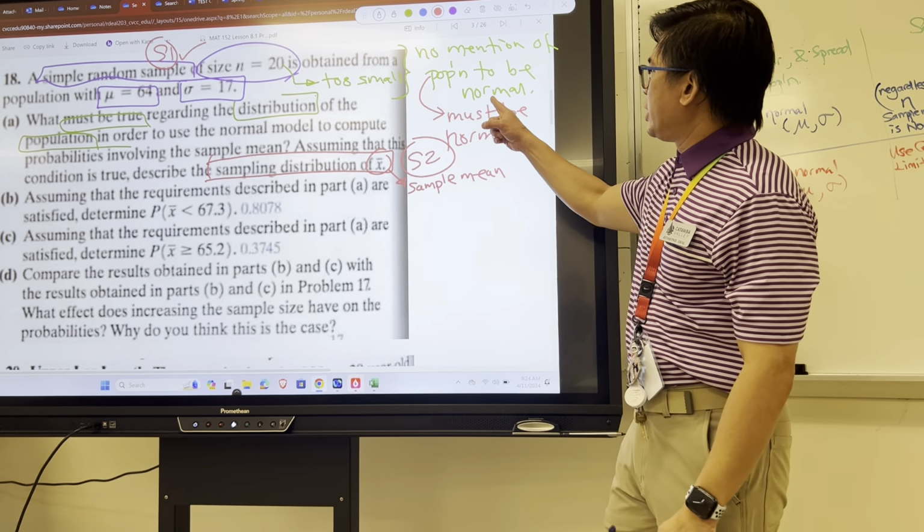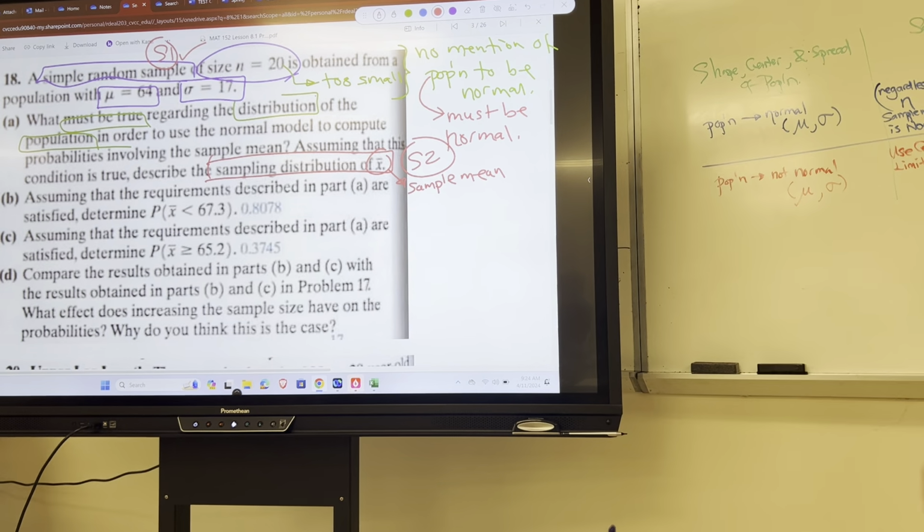So again, assuming that the population is normal, and also assuming, well, it already says in there that the sample was obtained by simple random sampling, then what can you say about the shape of the sample mean distribution?